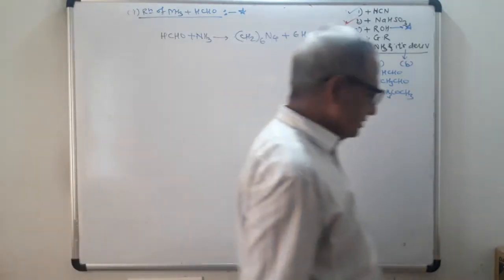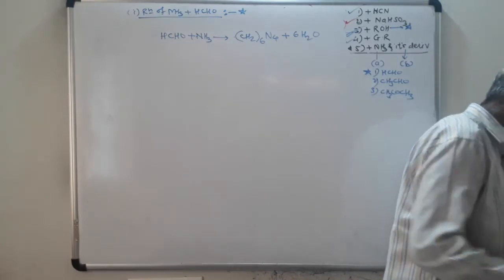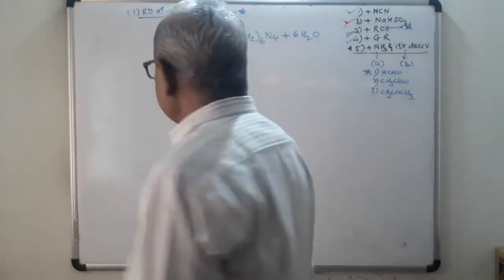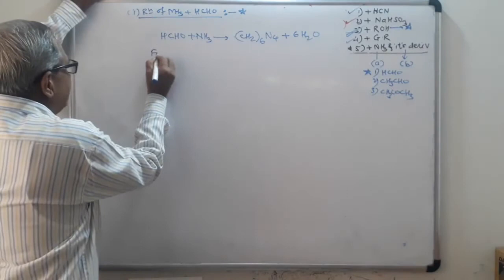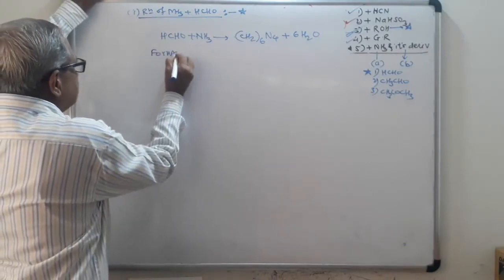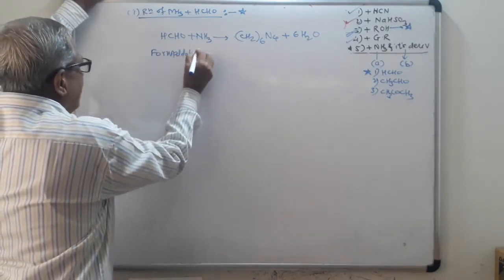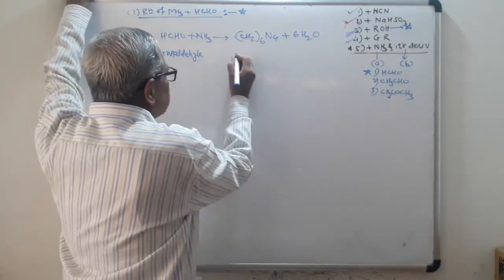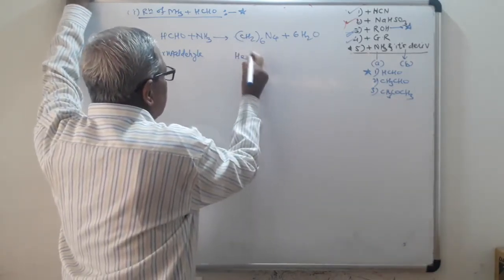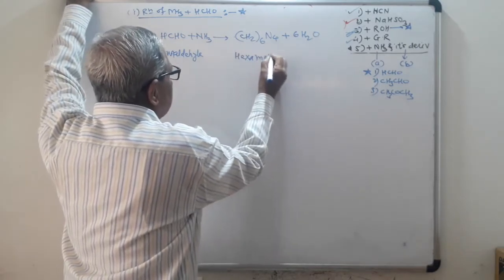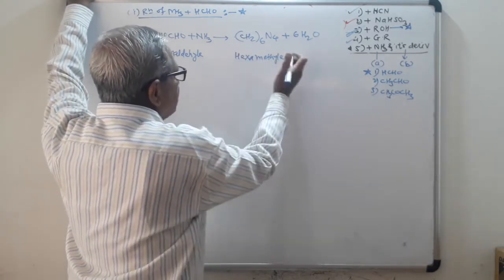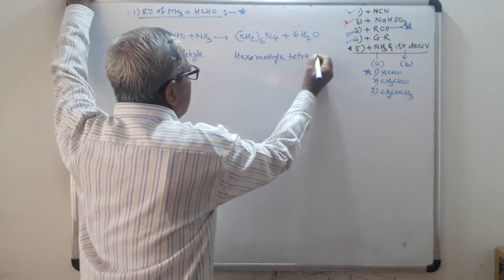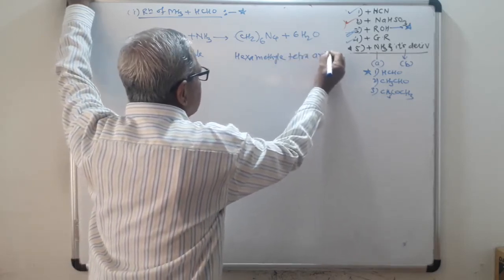Now this reaction is very important. See, this is formaldehyde and this is ammonia. So what is the name of this one? See, 6 stands for hexa, CH2 stands for methylene, hexamethylene tetraamine. So that is the name of this one.